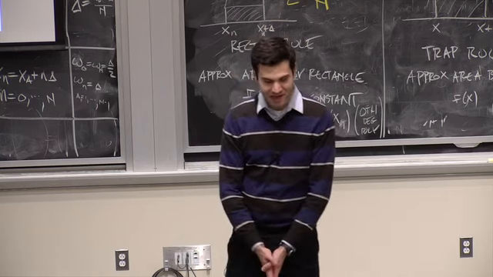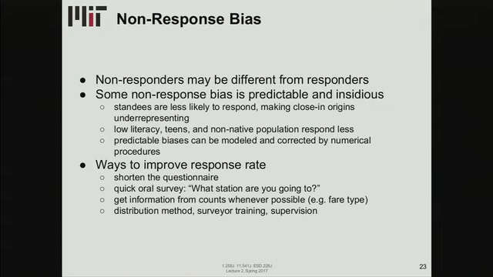Okay, so what happens? People who don't respond might be different, or might have responded differently to the question had they responded. Here are some examples. If you're surveying people who are standing, they are less comfortable, and maybe it's a crowded bus. Or maybe they're getting off at one of those stops that is coming up, so they are less likely to have the time to respond to your survey.